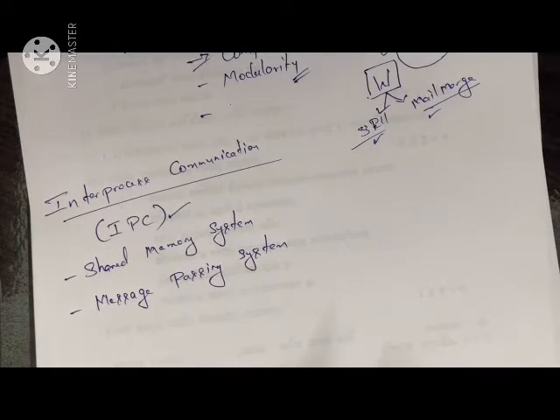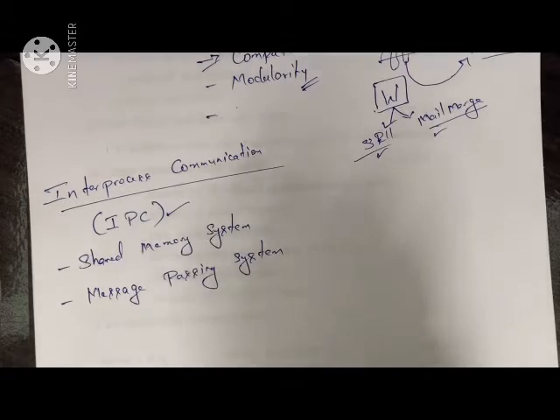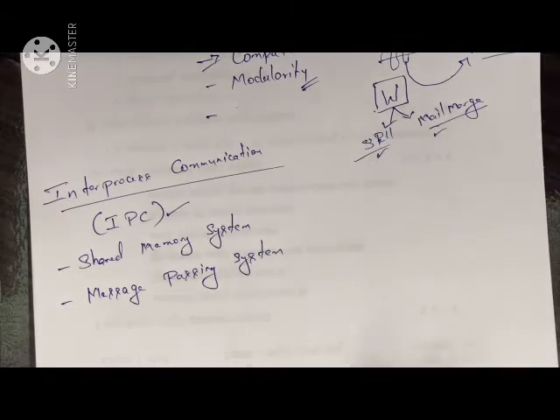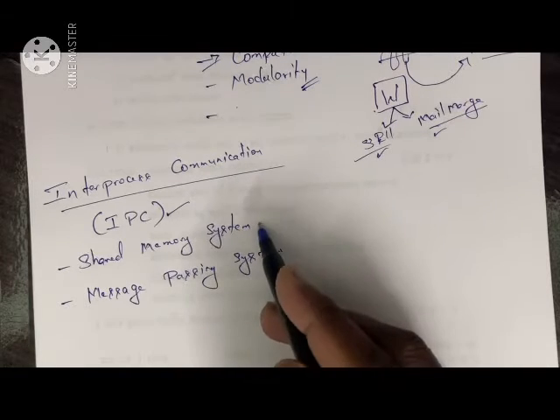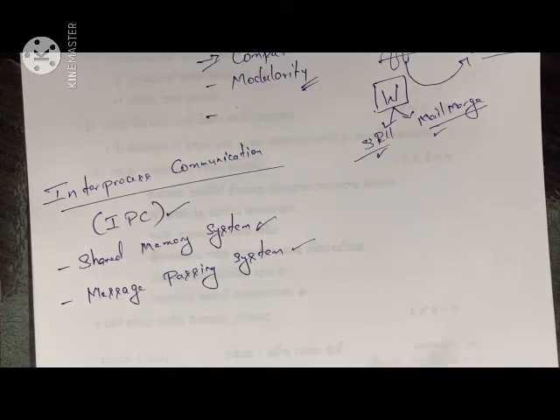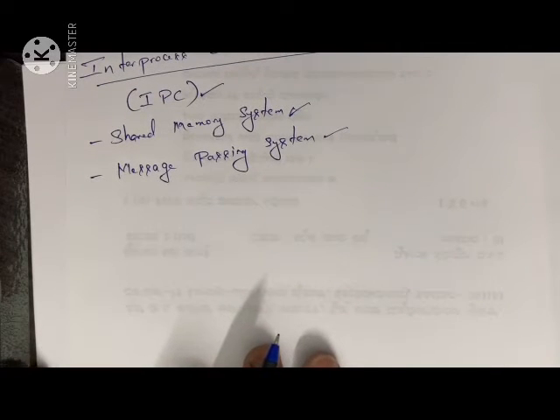We have already discussed, when you are executing any process, say process 1 and process 2, both of those processes will be stored into RAM or your memory queue for execution. Based on that, how it is going to have shared memory and how it is going to have message passing between the two processes, we are going to see with an example. First, coming to the shared memory system.